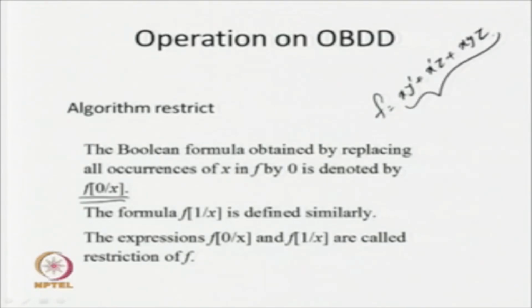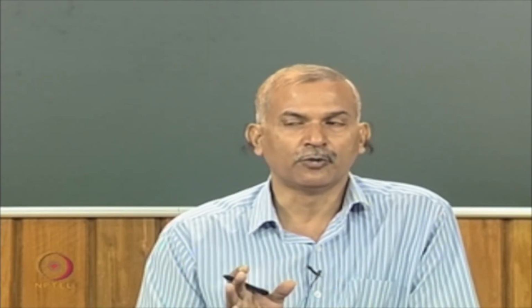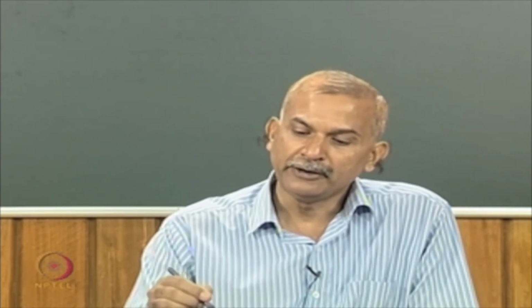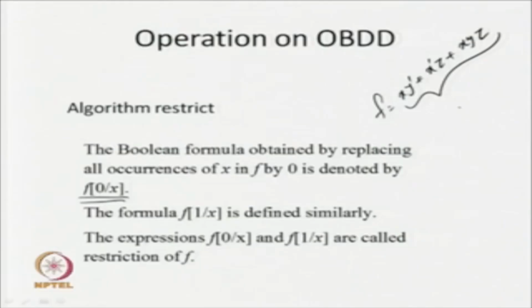So, basically this Boolean function depends on the valuation of x, y and z. x may be either 0 or 1, and similarly y and z. But we can ask what will be the valuation of this function when I replace all x by 0. So, this is what we are denoting, all x replaced by 0, what is the functional value. Similarly, we can ask what is the functional value if I replace all x by 1.